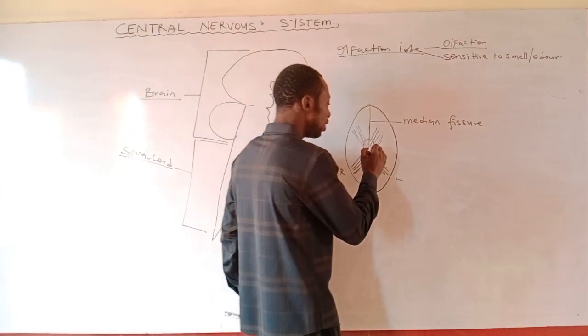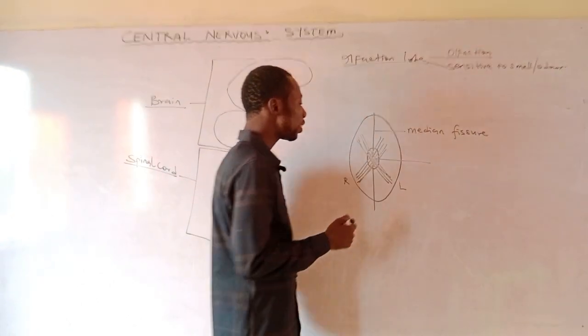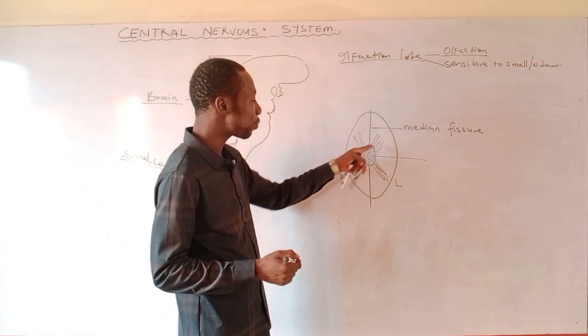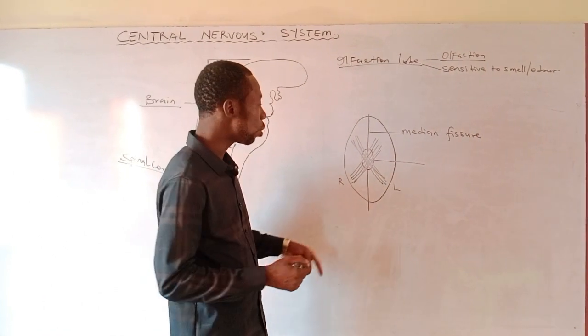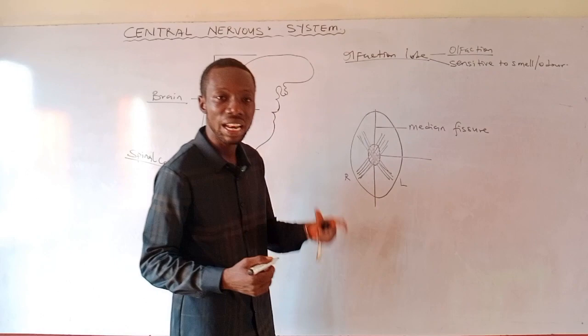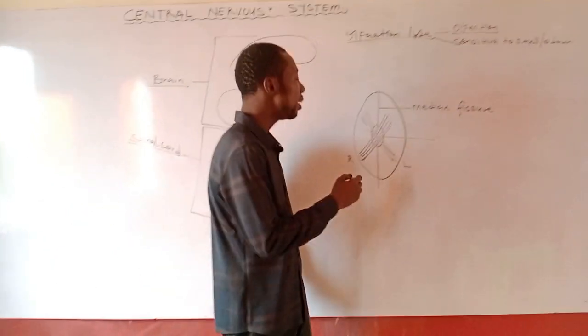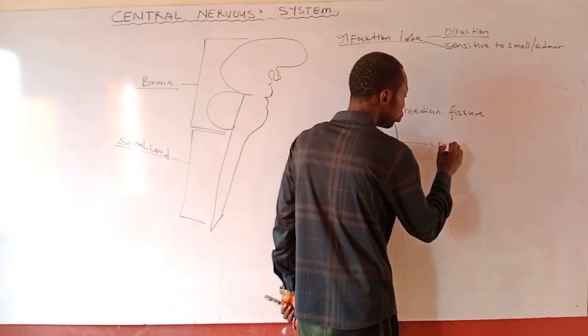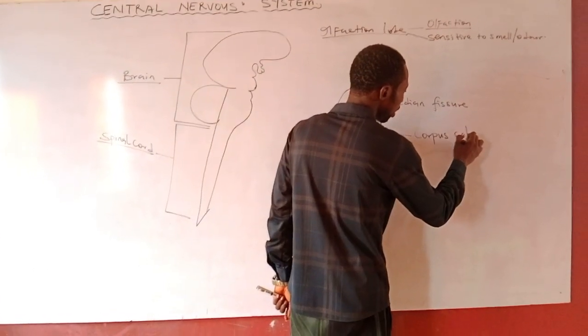But take note, the band of fibers at which these fibers cross over to the opposite side, which connects both the left and the right hemisphere together, is known as the corpus callosum.